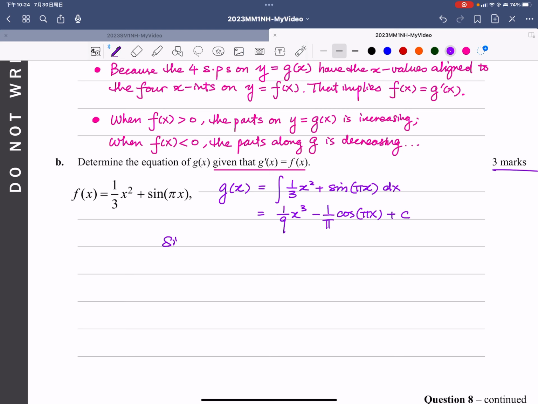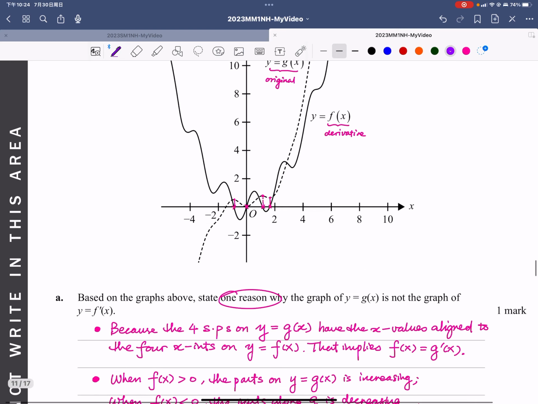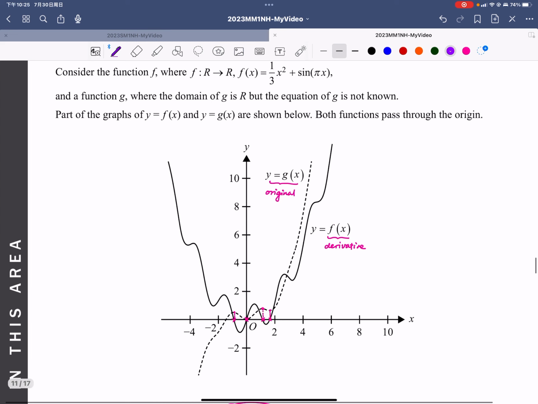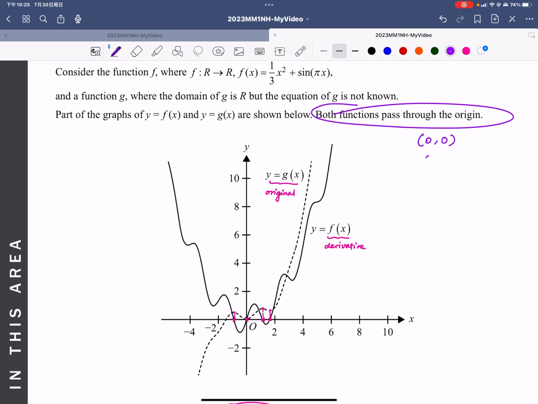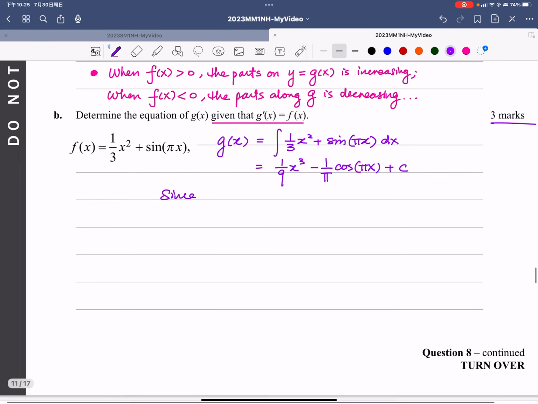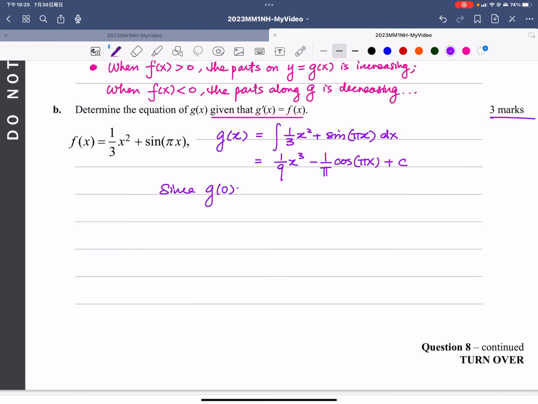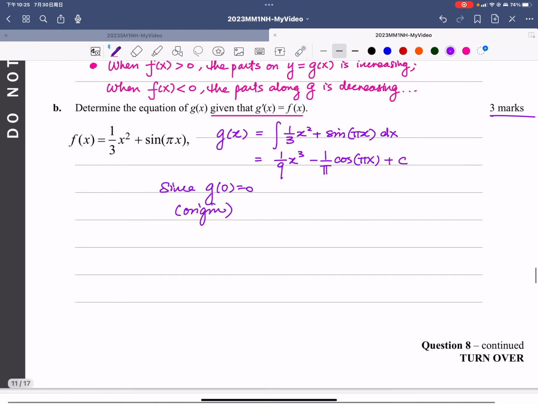Since both functions pass through the origin, I should be expecting 0, 0 on y equals g of x. So g of 0 equals 0, the origin. Then 0 equals 1 over 9 times 0 minus 1 over pi cosine 0 plus c.